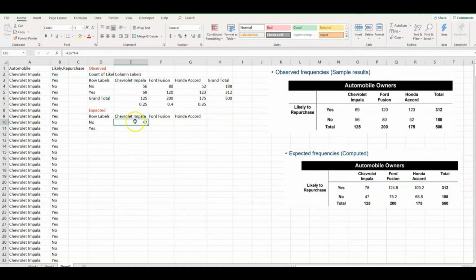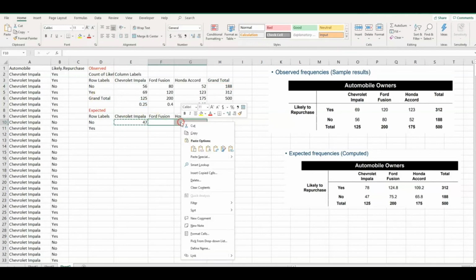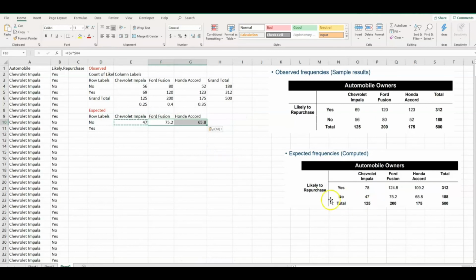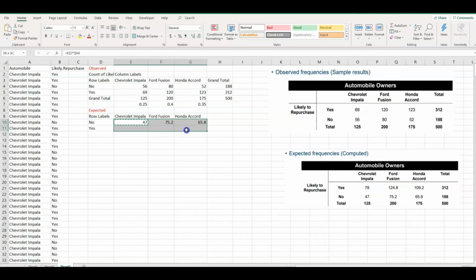H is 188, so the H column should be fixed. So the first one is 47, 75.2, 75.2, 65.8, 65.8. Then we copy horizontally and vertically.